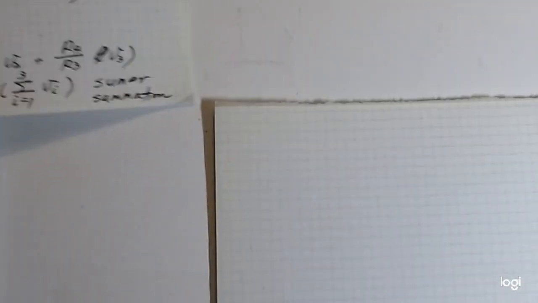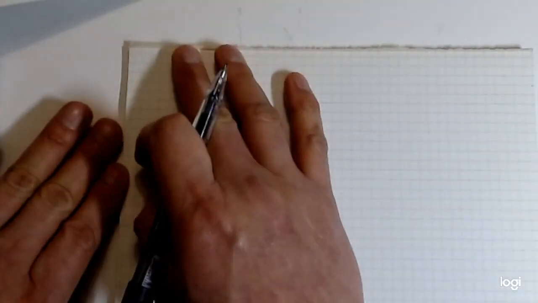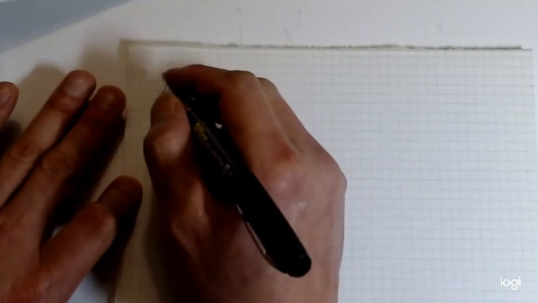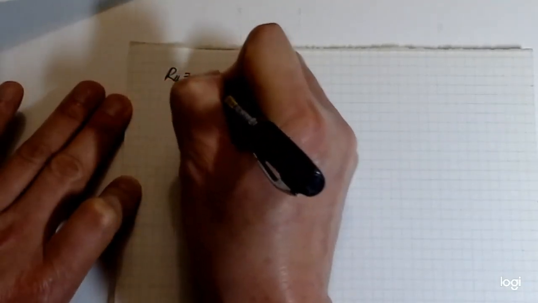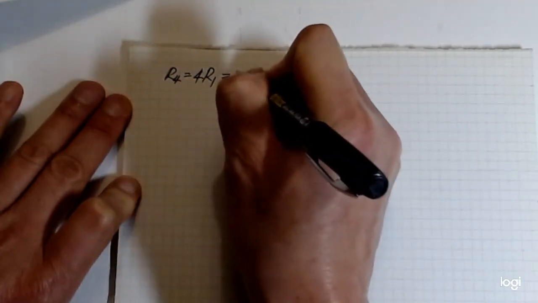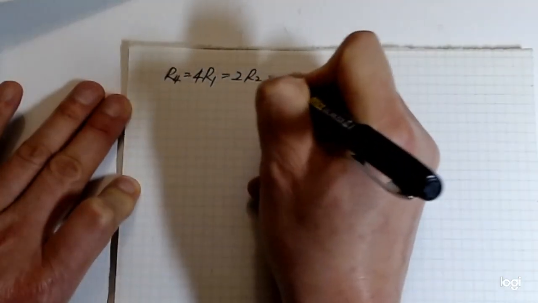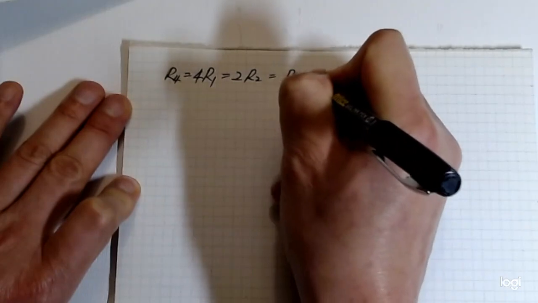Okay, that's one application. Of course, we have another application. Let's see. What if we make R4 equal to 4, R1 equal to 2, R2 equal to R3?